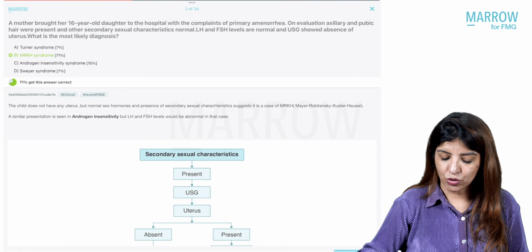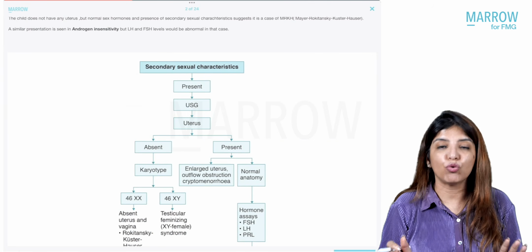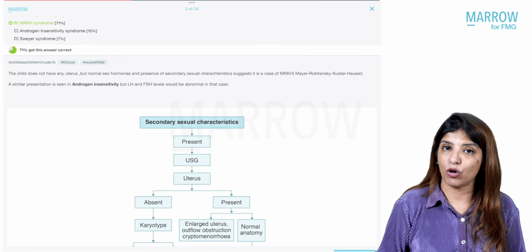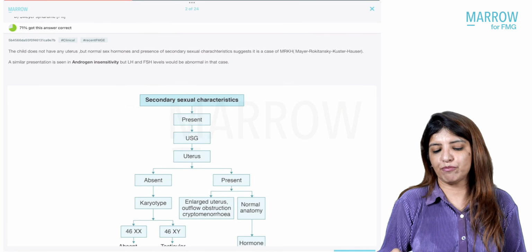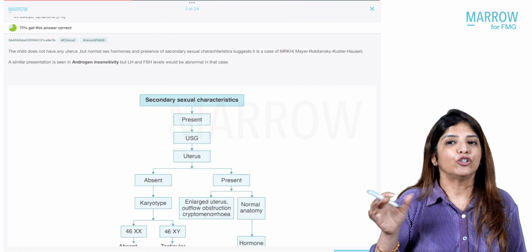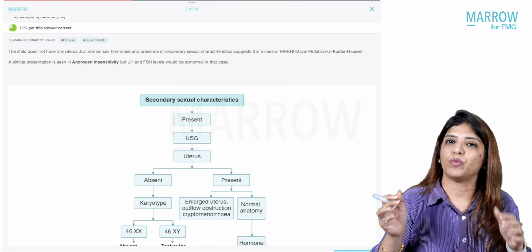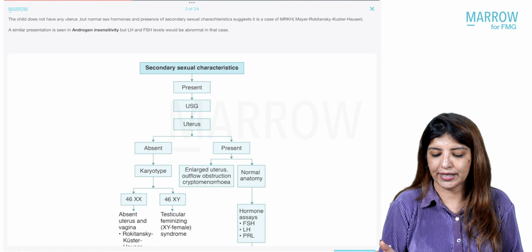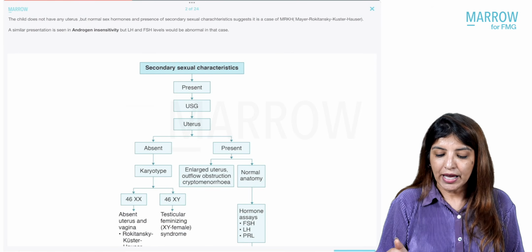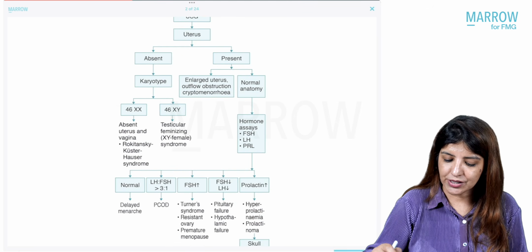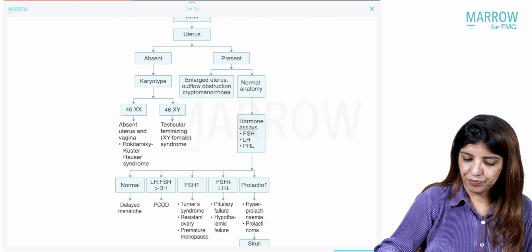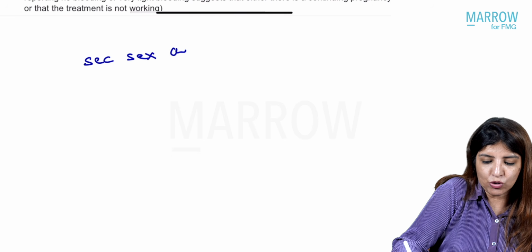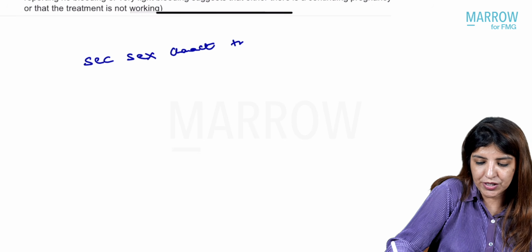So let me tell you how you are going to approach a patient whenever a patient comes to you with primary amenorrhea. The first thing which you have to see is whether secondary sexual characteristics are absent or present.